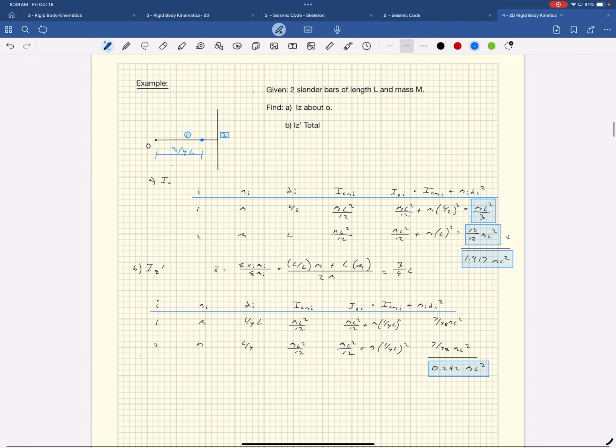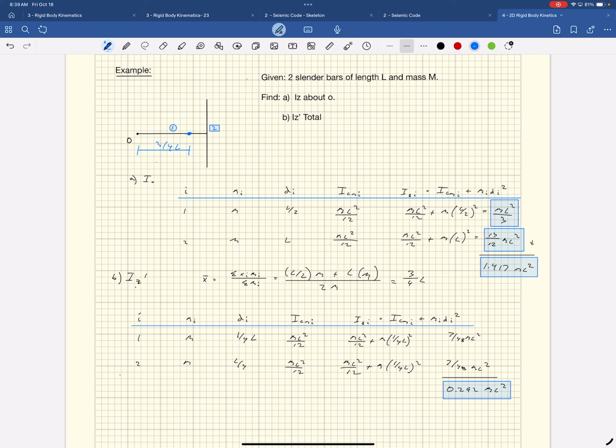Another bit of foreshadowing, and students mess this up quite a bit: why would I want this I about O, and when would I ever want I about Z? Why would I want the differences? Actually, these are the two that matter the most.